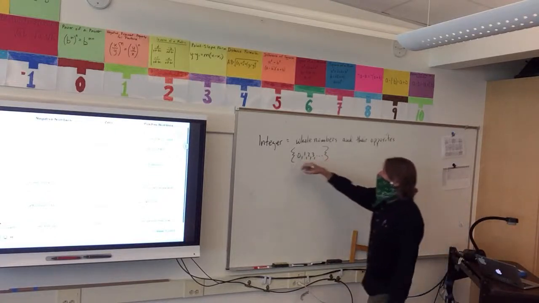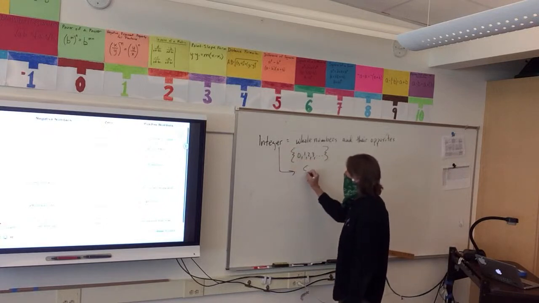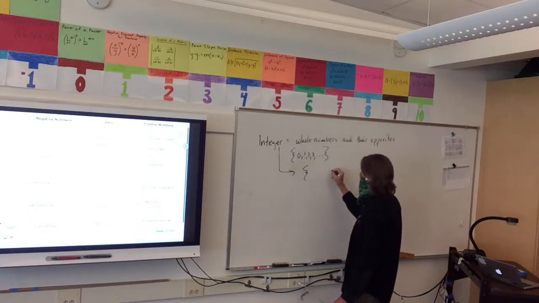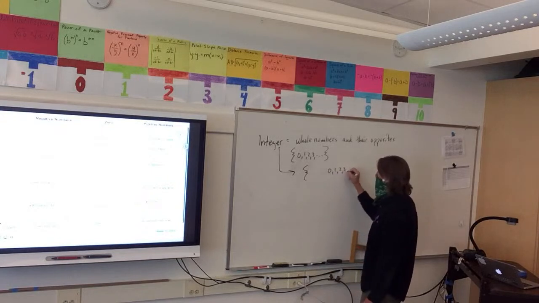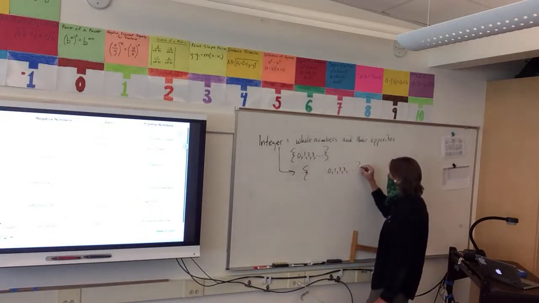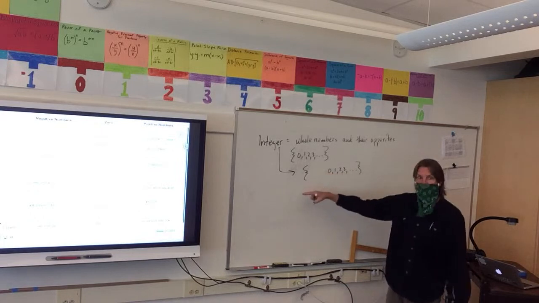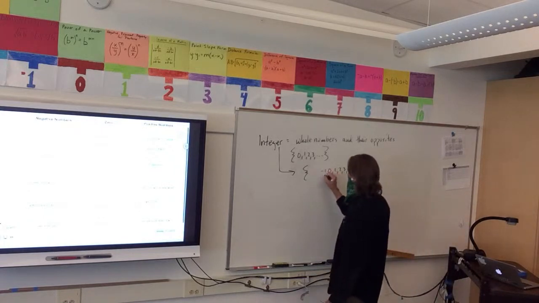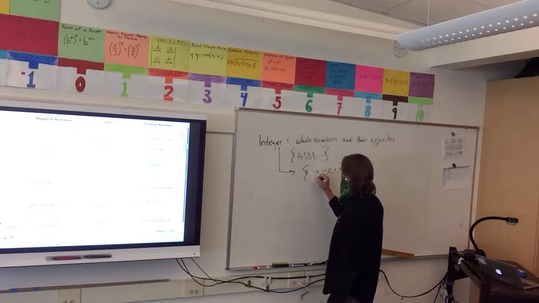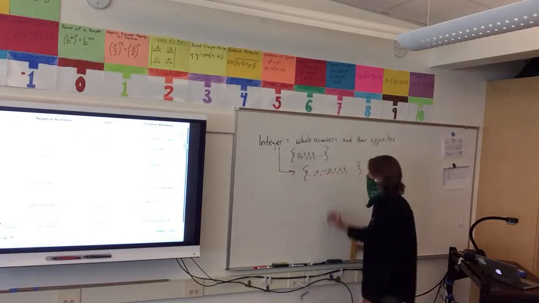So what we could do for integers is we could just say that they're like this, 0, 1, 2, 3, dot, dot, dot. And then we could count backwards. So you have negative 1, negative 2, like that.